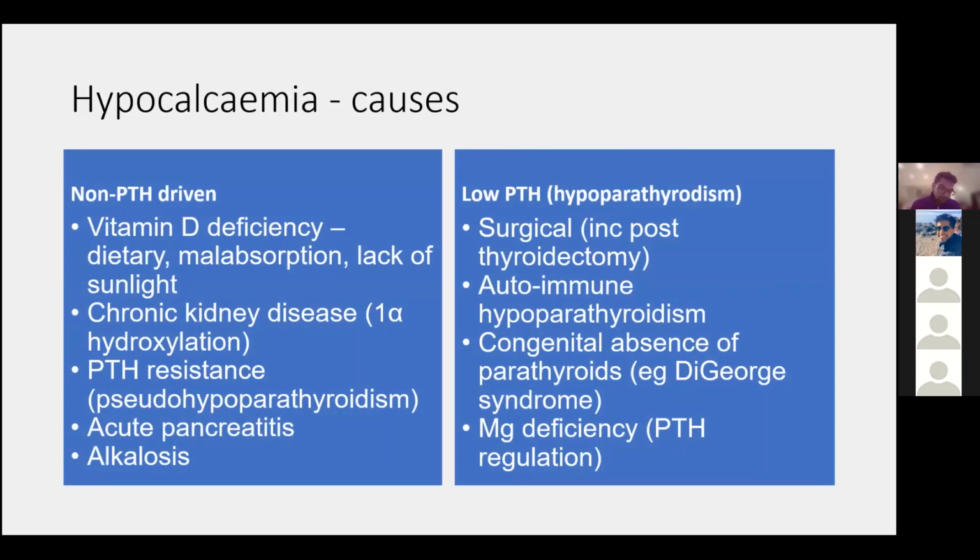It can be due to chronic kidney disease because you've got reduced vitamin D activation, or due to PTH resistance, and you can also get hypocalcemia in acute pancreatitis, and alcoholic patients can become hypocalcemic. If PTH production is low, so hypoparathyroidism, it can be due to surgery on the gland, an autoimmune response against the parathyroid gland, congenital absence of the parathyroids, or magnesium deficiency because this affects PTH regulation.